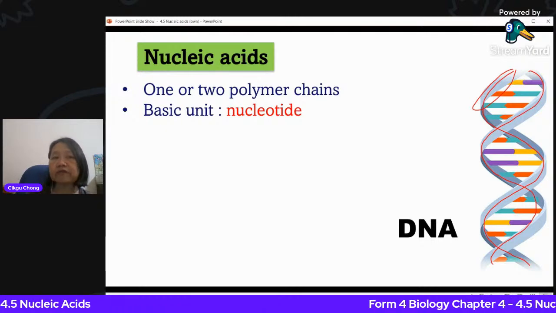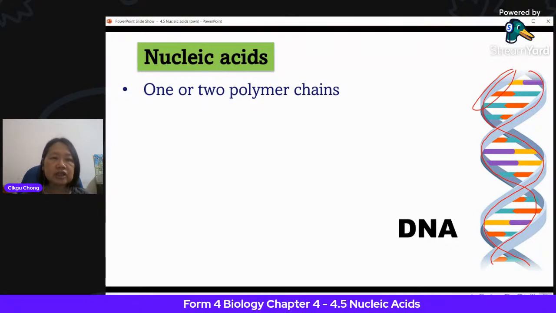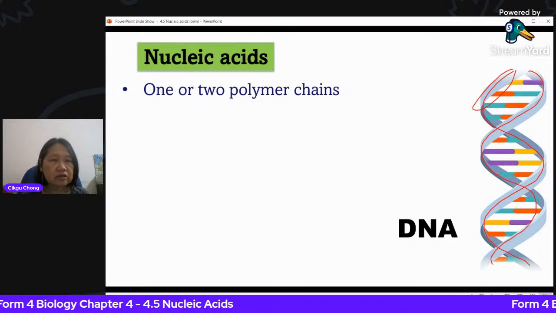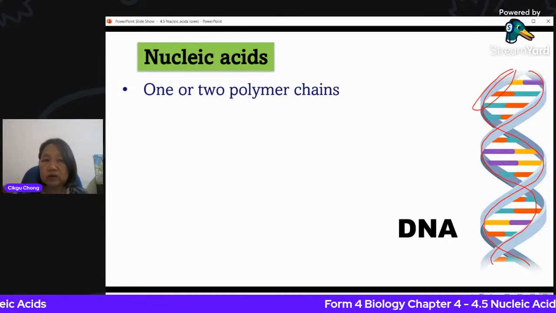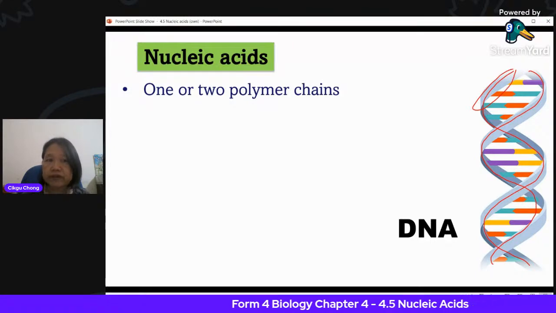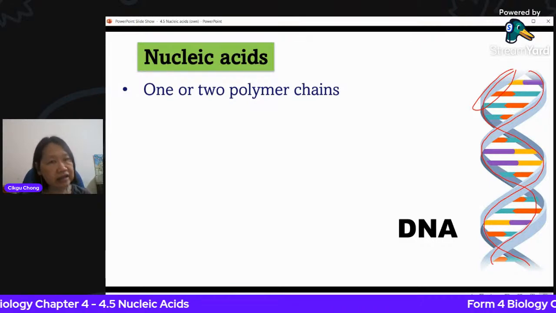The other type of nucleic acid has only one polymer chain, and this example is called RNA. So there are two types of nucleic acid, RNA and DNA. If it's only one polymer chain, it's called RNA. If it's two polymer chains, we call it DNA.